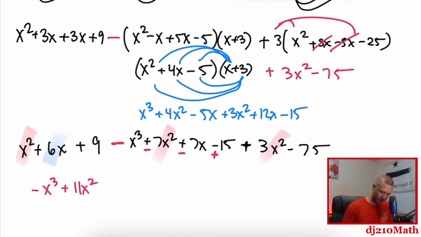All the x's. 6, 7, and that's it. So 6 minus 7 is negative 1. So just negative x. And then the constants. 9, positive 15, negative 75. So 15 and 9 make 24. 24 minus 75 is negative 51.